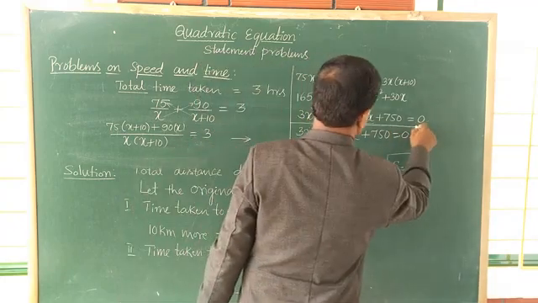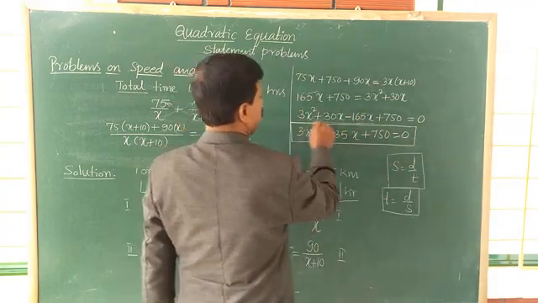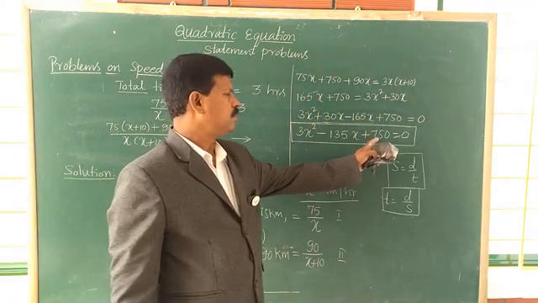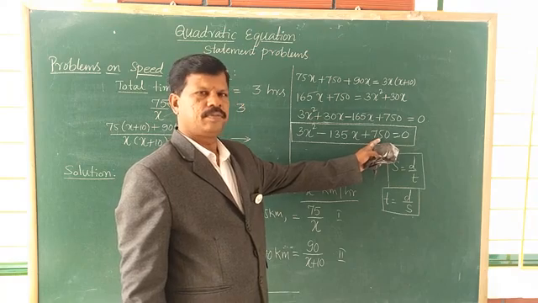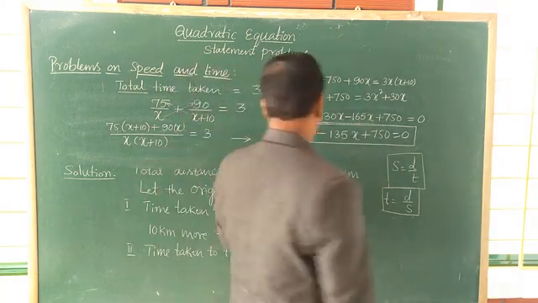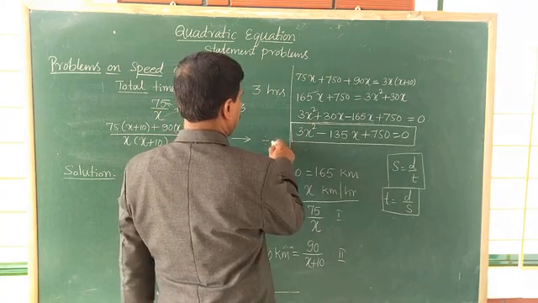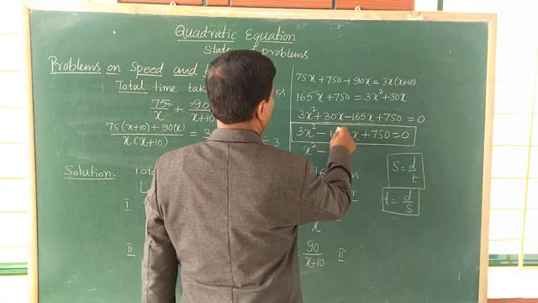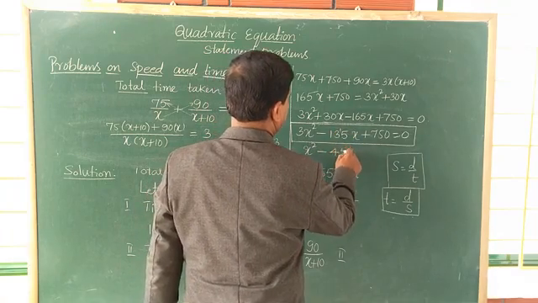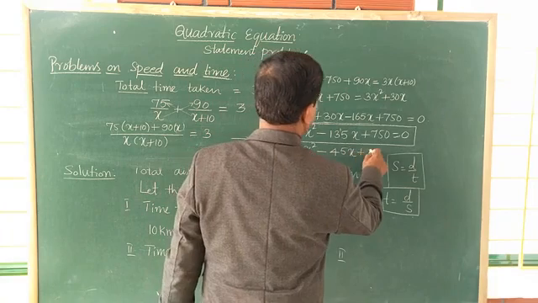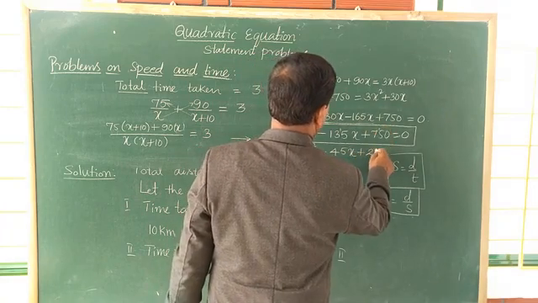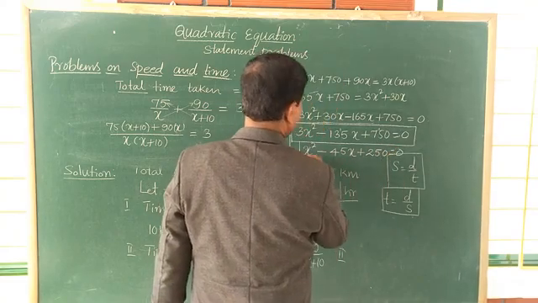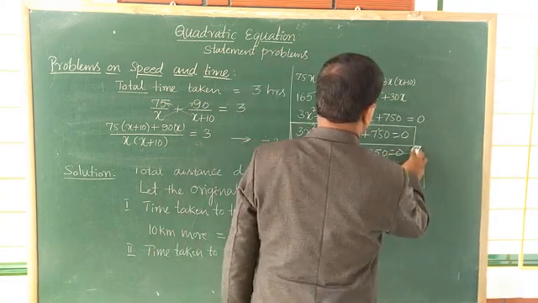So here is the standard form. Now, is it possible to divide this by 3? On dividing by 3, what are we going to get? x squared minus 45x minus 250 equals 0. Now, the simplest equation form is this.